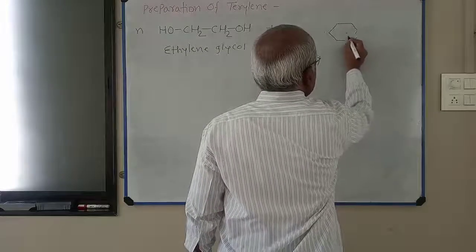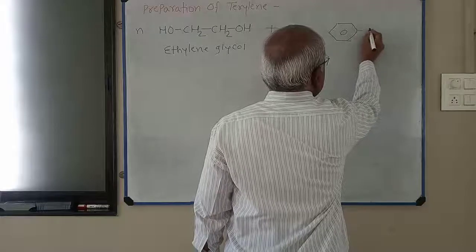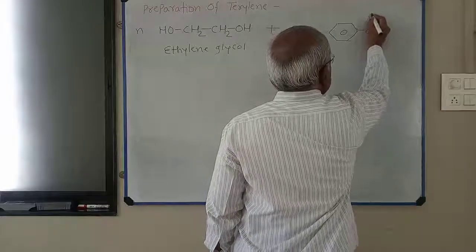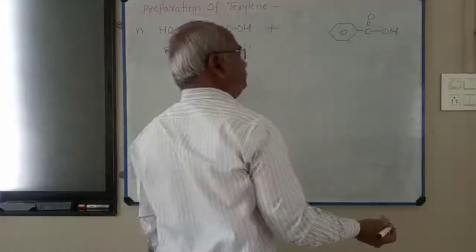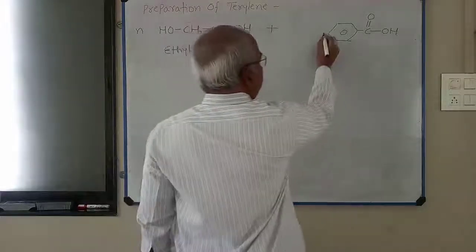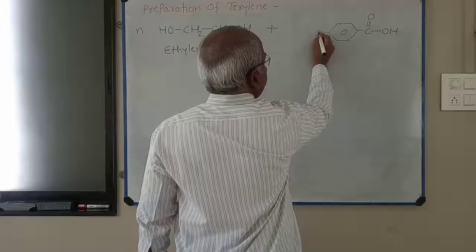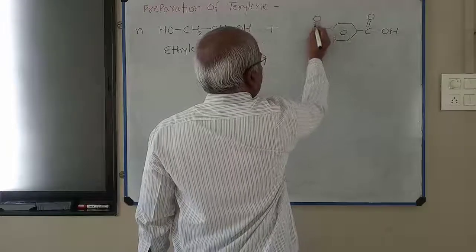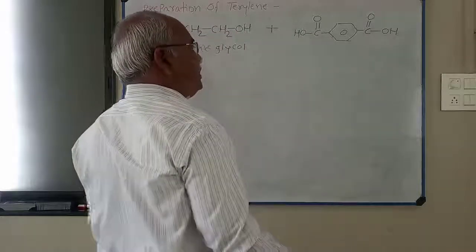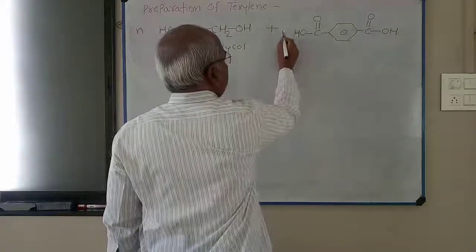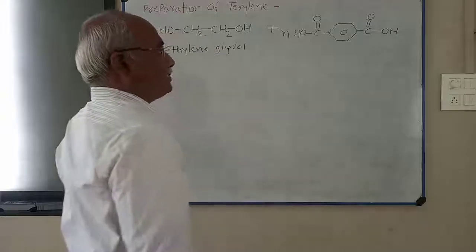This is benzene ring and here is carboxyl group. Similarly, at para position there is carboxyl group. I take N molecules of this monomer.